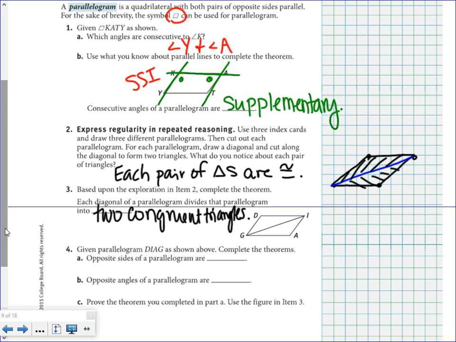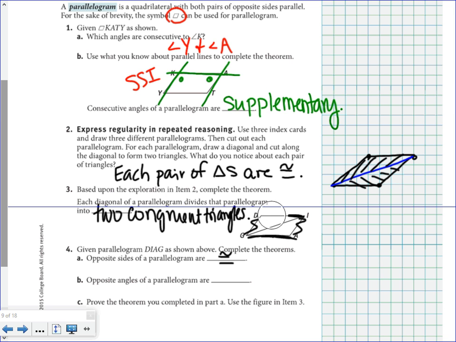And so from there, we have triangle DIAG, and they want us to complete this statement. Opposite sides of a parallelogram are, so opposite sides are this DI and this GA, as well as DG and IA, and they are going to be congruent.